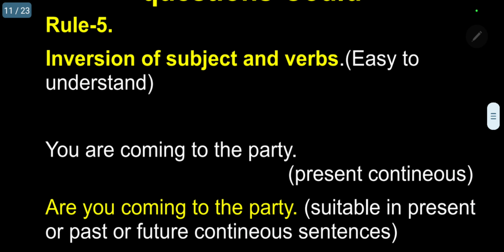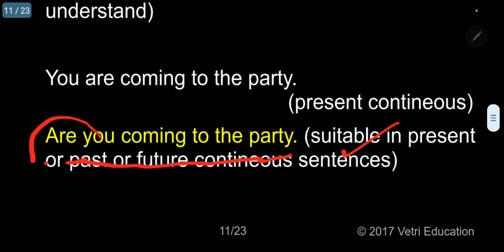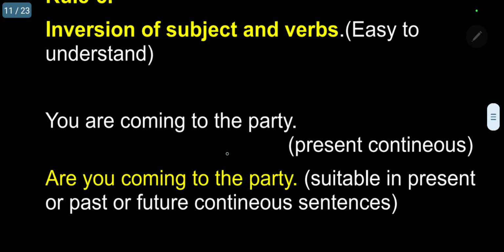Example, same. I am giving a sentence now. You are coming to the party. Present continuous. So I want to convert it into a question. Very simple. You just invert. Bring the verb to the front.